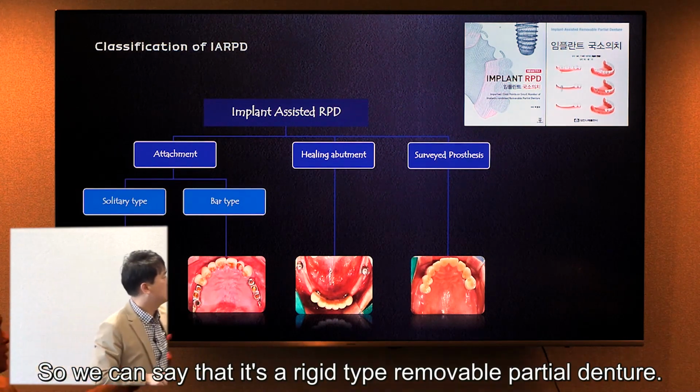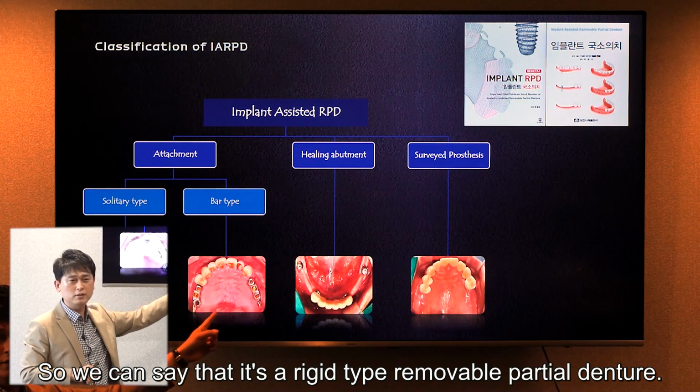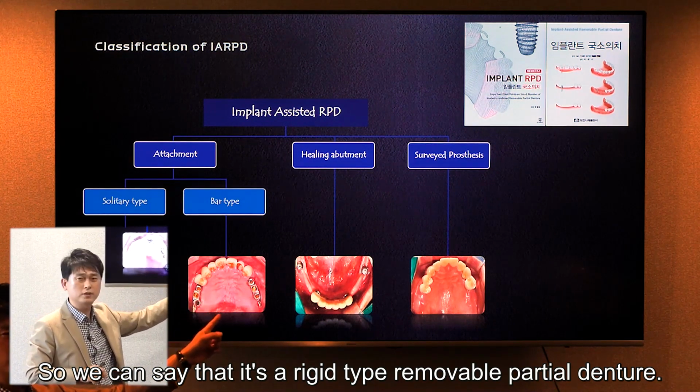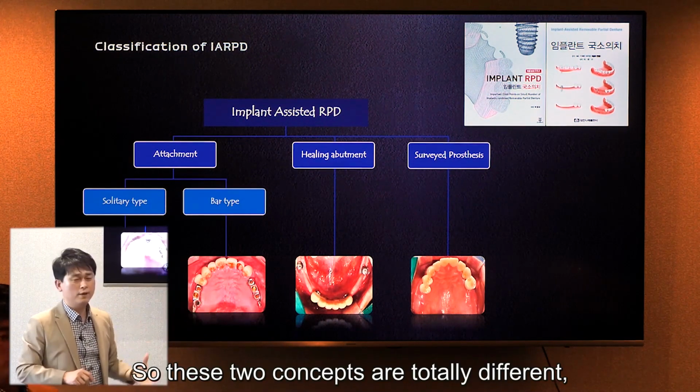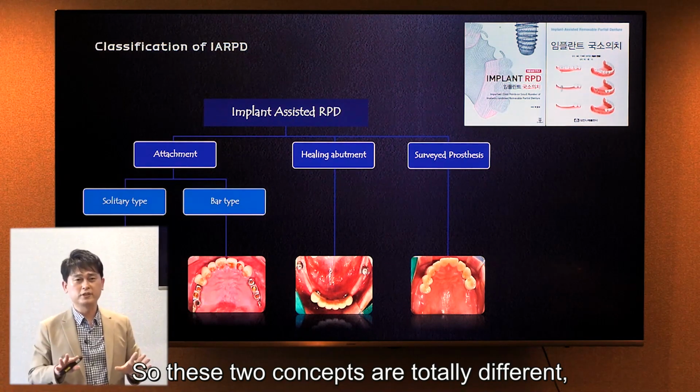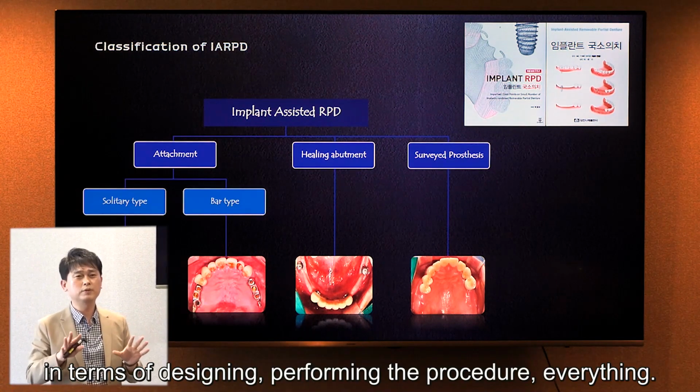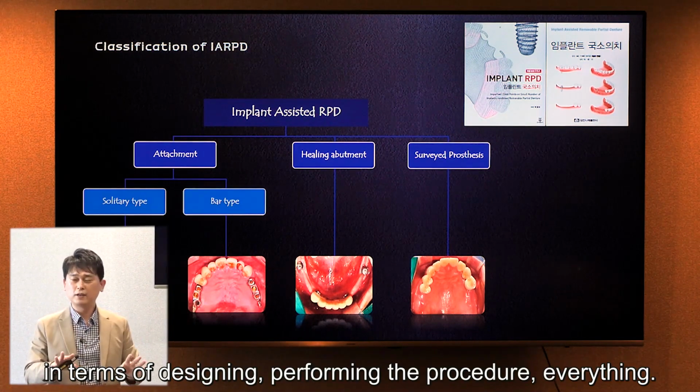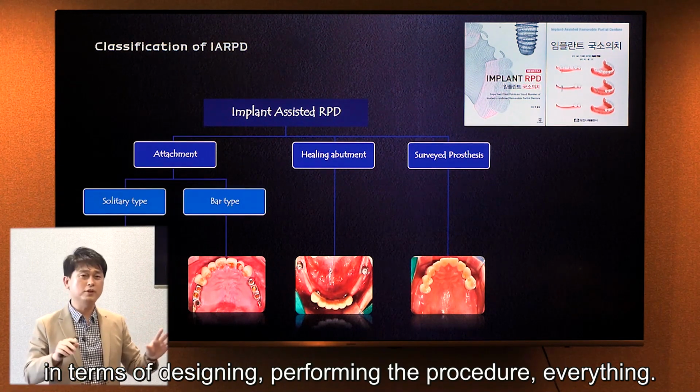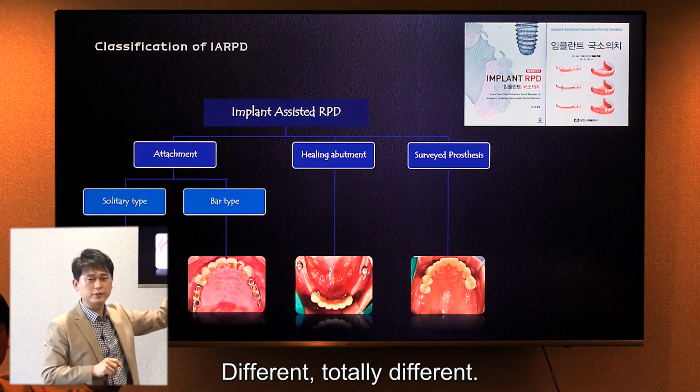So we can say rigid type removable partial denture. These 2 concepts are totally different in terms of designing and the making procedure, everything.